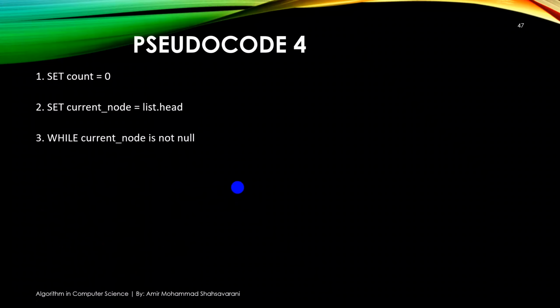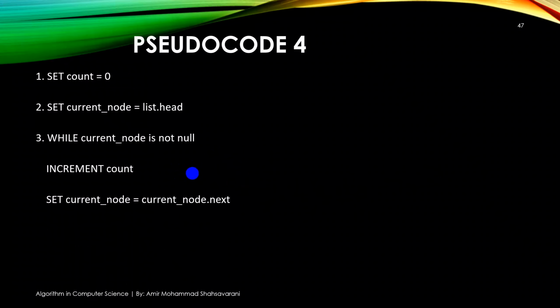We make a while loop. While the current node, our current position, is not null, increment the count. Count goes upward.